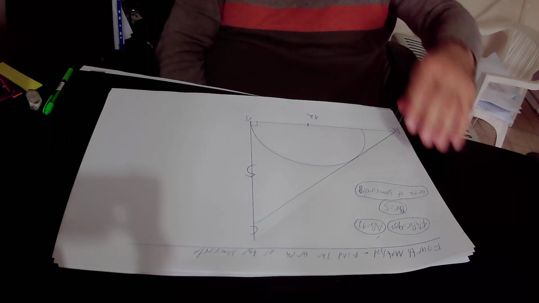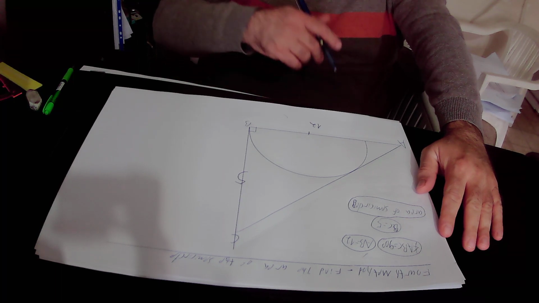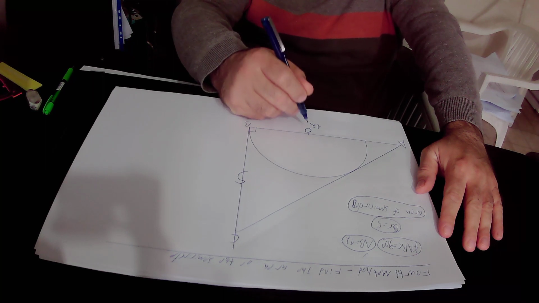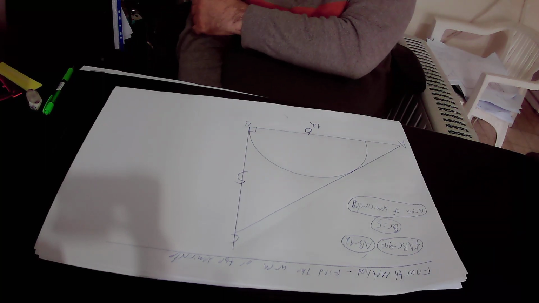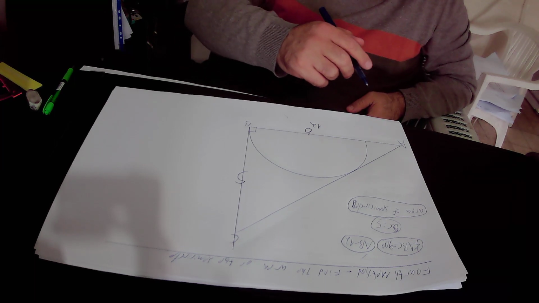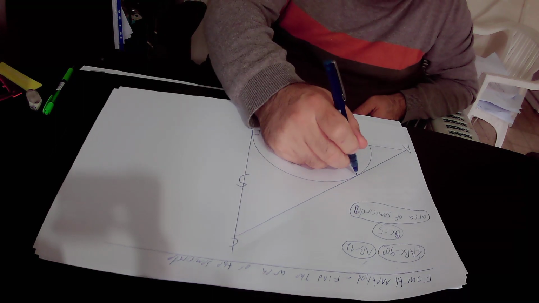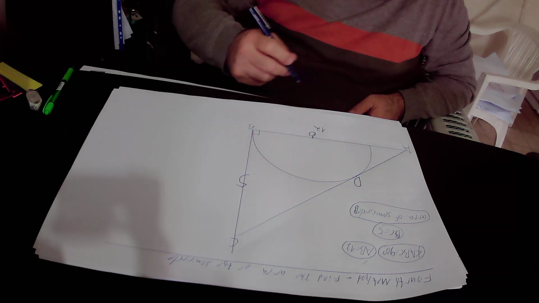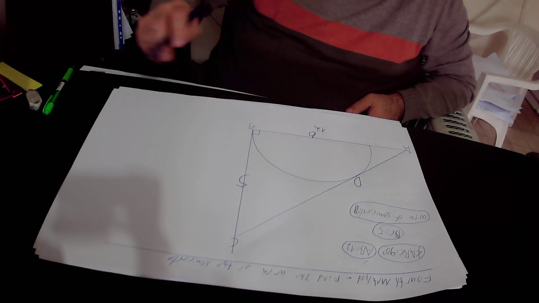So first of all, we will define the center of this semicircle as point O, and we will also define the point of tangency of tangent AC in this semicircle as point D. Then we will join points D and O by a straight line.